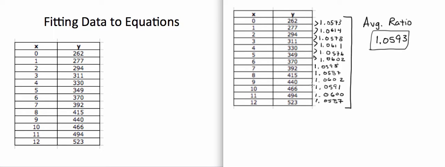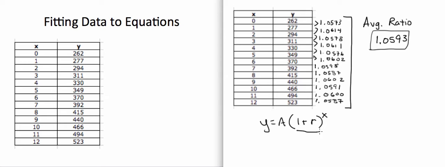So now we have to write out our equation. Our equation is y equals a, parenthesis, because these values are going up, we're going to use 1 plus our ratio, and that's going to be raised to the x power.